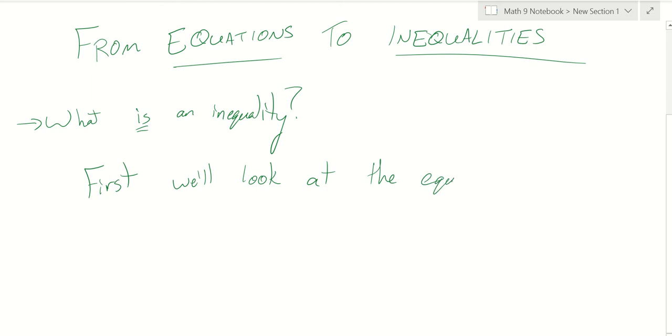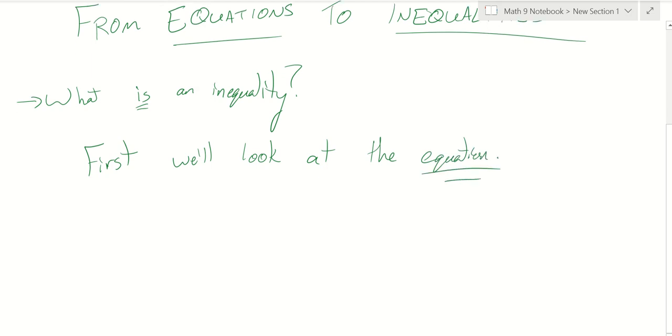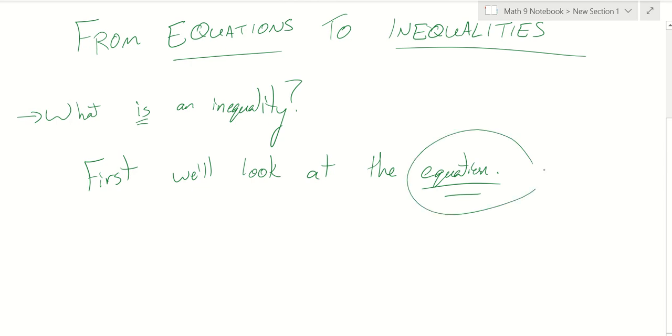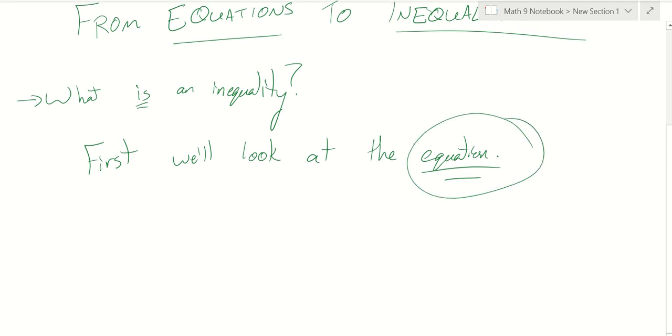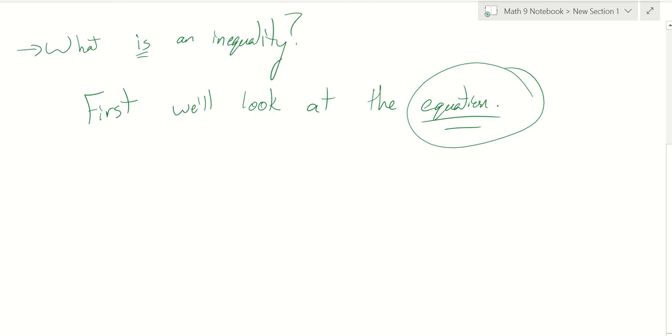We'll look at the idea of an equation first before we jump to an inequality. We'll look at something maybe more familiar, and then extend that into something you might be less familiar with.